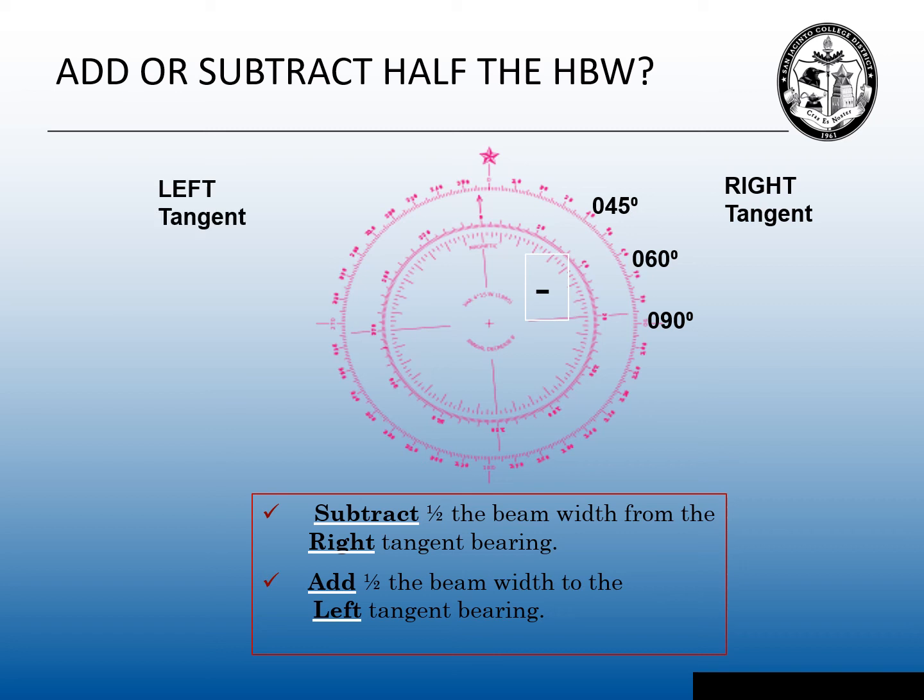On the left tangent side of this compass rose, which is what we had in this Coast Guard question, the numbers get bigger: 270, 300, 330. So you would add half of the horizontal beam width. You can use LARS, or you can think of a compass rose.